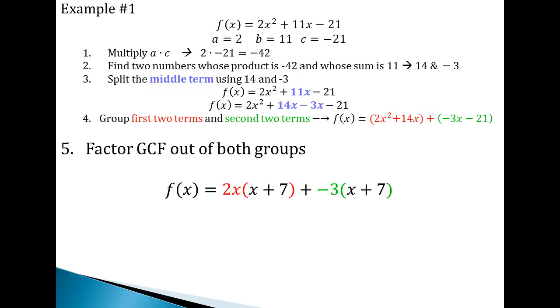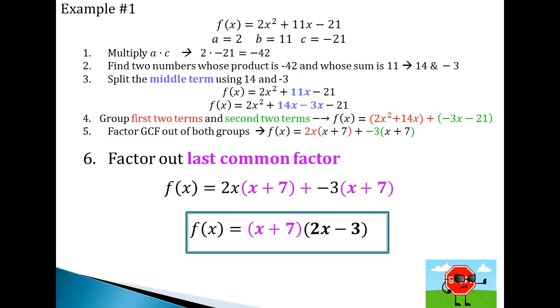Now, I am looking for two terms in both groups that are the same, and you see here I have x plus 7 and x plus 7 common to both groups. That's very important because now I can identify x plus 7 as a factor of both groups.